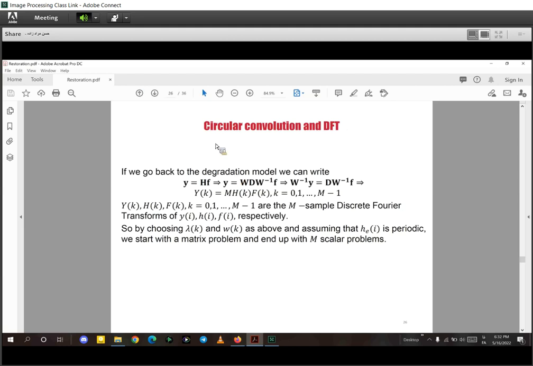This is one advantage of the frequency domain over the spatial domain with circular convolution, not all of the advantages.